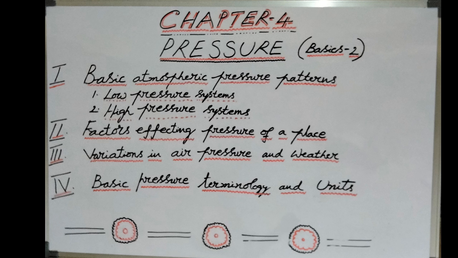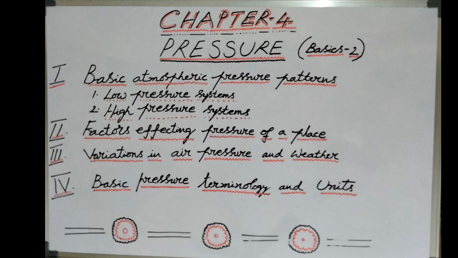Pressure is force per unit area. Atmospheric pressure is the pressure exerted by a column of air over a square centimeter area extending from the surface of the earth to the outermost boundary layer. When atmospheric pressure is measured at 15 degrees centigrade and 45 degrees latitude, it is standard atmospheric pressure.